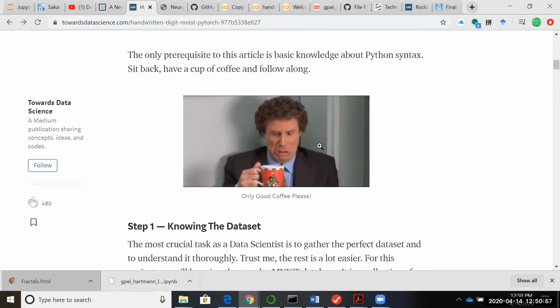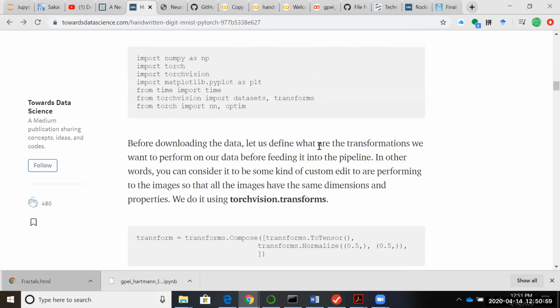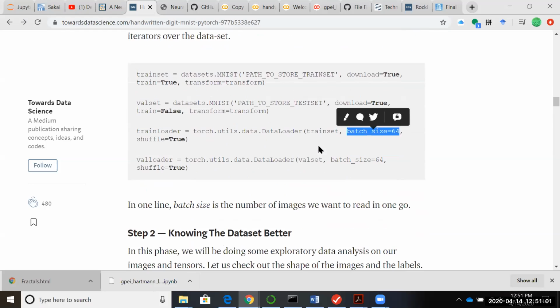So we'll come back to the beginning. When we loaded this image, it's loaded with this batch size. So basically, it loads 64 images at one time, right? Now this is something you can change yourself. You don't have to do 64, because the database is just a bunch of images, and you load 64 at a time into this loader.